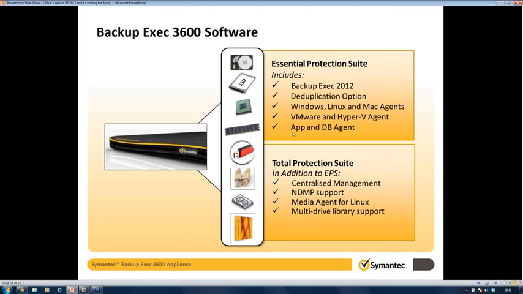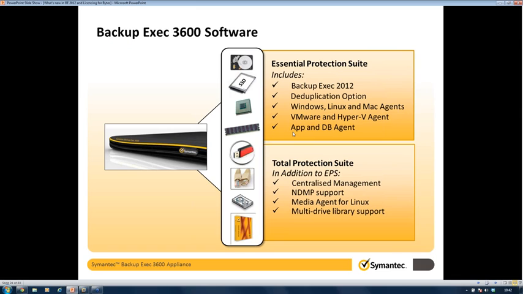The Total Protection Suite, again, is aimed at slightly larger organisations, and it does include all of the software components listed with the Essential Protection, but over and above that, it also has centralised management for managing multiple Backup Exec media servers, NDMP support for backing up NDMP-enabled network servers and filers, and the remote media agent for Linux for storing data on a remote Linux server, as well as multiple drive library support.